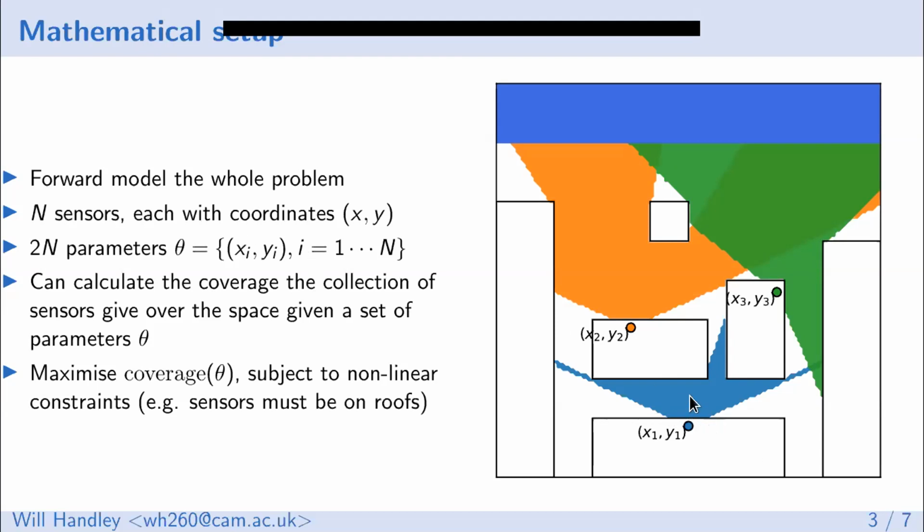There may, of course, also be a height, a third dimension, which you could view either as a three-dimensional problem, or as a two-dimensional problem with an additional function or complicated way in which the sensor profiles depend on X and Y. So the problem, stated in this very general way, is to maximize coverage, theta, where coverage is in this case defined as single coverage, subject to non-linear constraints, e.g. sensors must be on roofs, or if they're on roads can only be in certain places, and things like that.